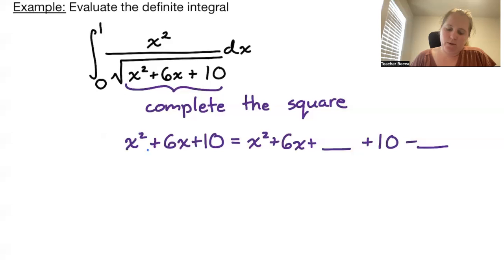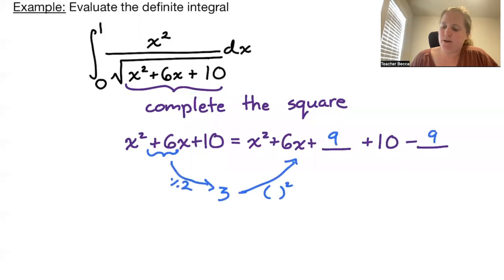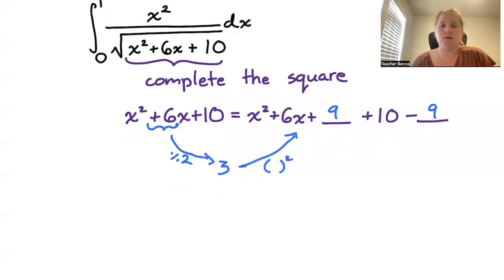To find that blank, we take our plus 6, we divide it by 2 to get 3. And then we square it to get a plus 9, and we'll minus off 9 to balance it out.